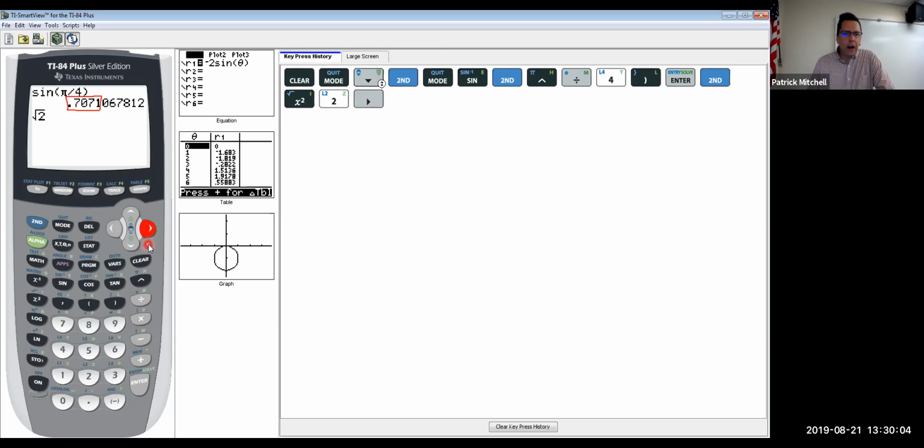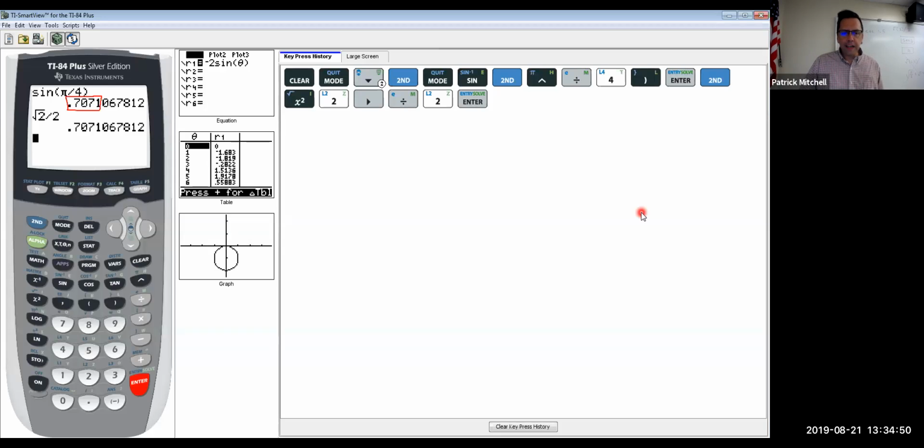Your calculator might give you a square root and then a parenthesis. If it does that, you just want to close off the parenthesis after this 2. You're telling it what to take the square root of. Okay. So my calculator is telling me that the square root of 2 over 2 is the same exact value. So that agrees with what we already know.